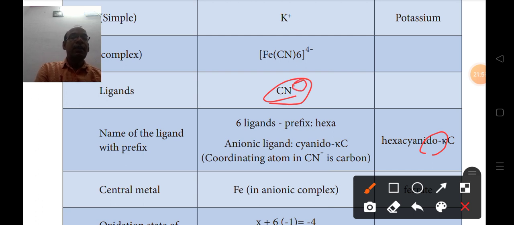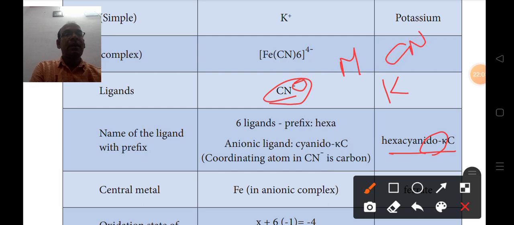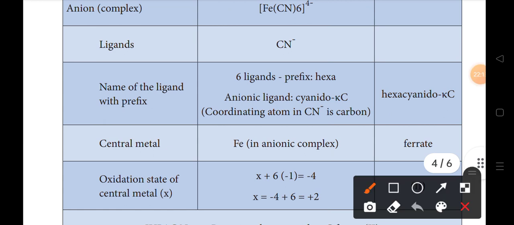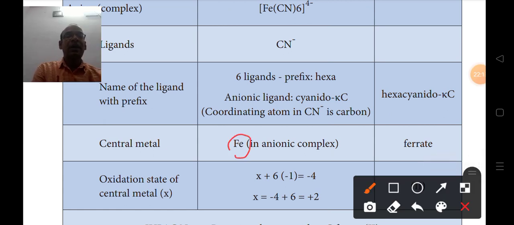Therefore, hexacyanido, kappa C means the metal and CN link via the carbon atom. Therefore, kappa C is given. And then the central metal ion, Fe, is in an anionic complex, therefore ferrate.